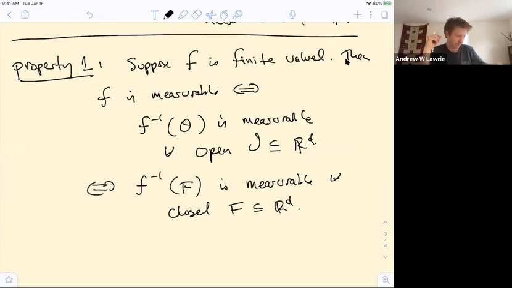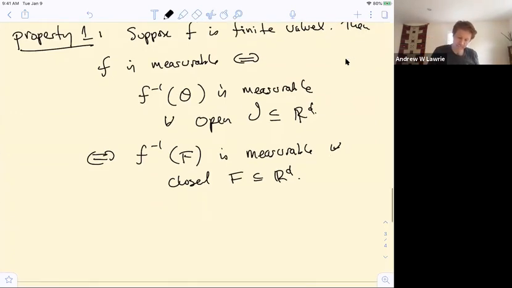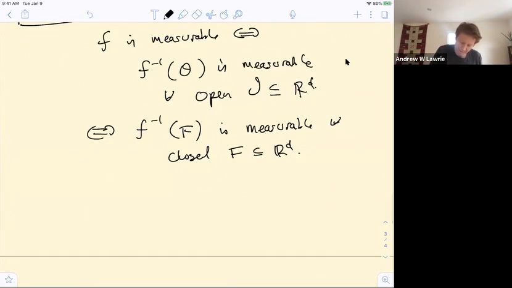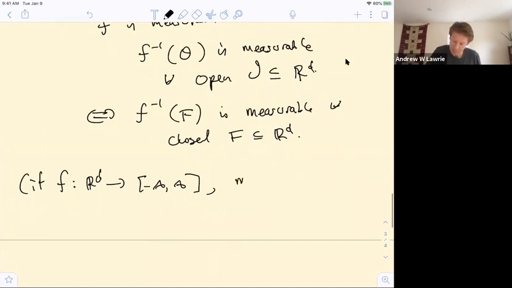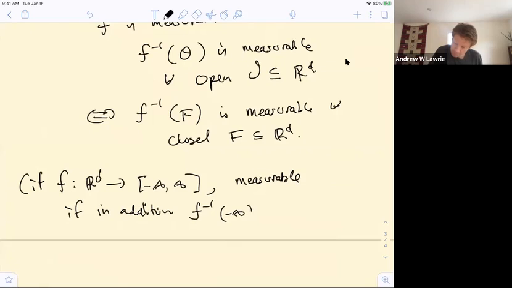Okay. And if f is not finite valued, so if it possibly takes the values plus or minus infinity, it's measurable if in addition the preimage of each of these two points is measurable.